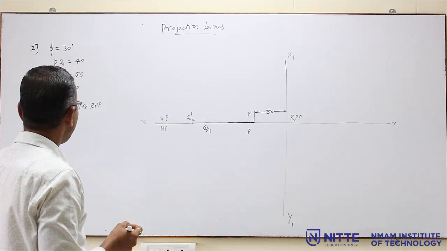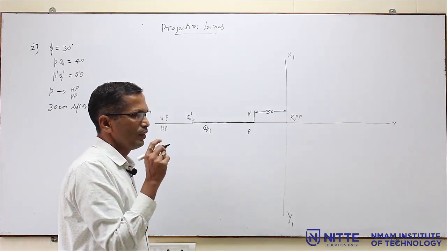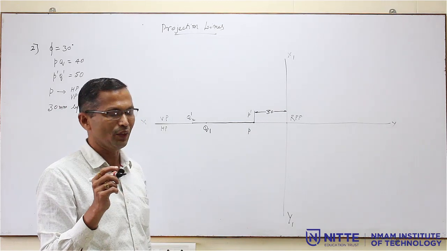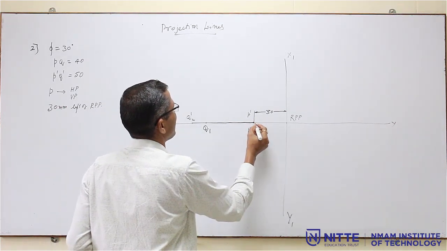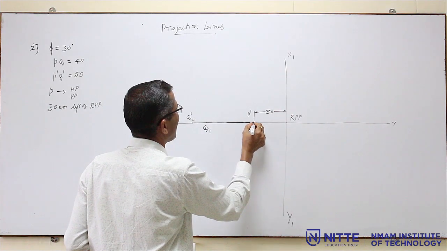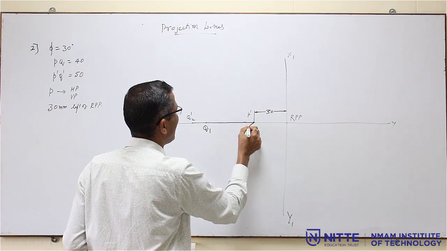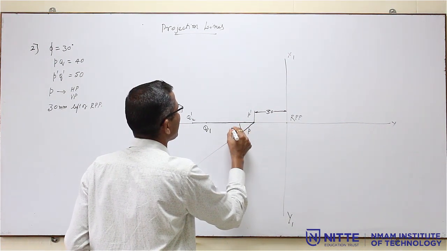Now, phi is given. Phi means the inclination with respect to VP, the true length inclination in the HP. From here you draw a line at an angle equal to phi, which is 30 degrees.